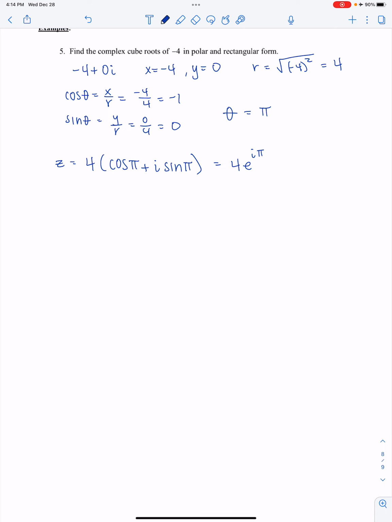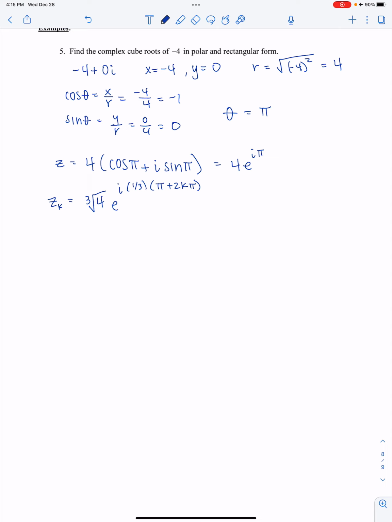So, using our theorem, we have z sub k equals the cube root of 4, e to the i times 1/3 times pi plus 2k pi. And k is going to get us all of our roots.